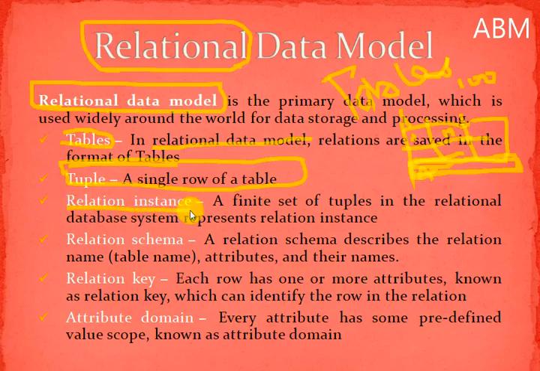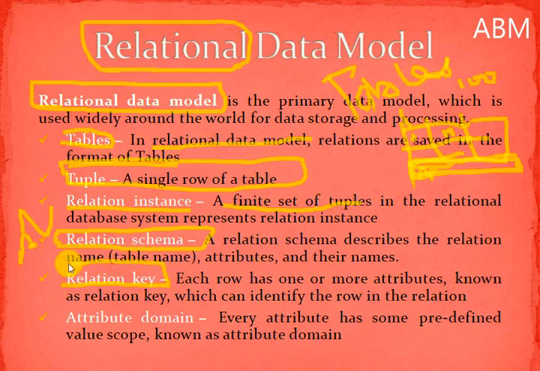Relational instance defines the set of tuples which exist in any particular relation, in any particular table. Relational schema means that we are discussing the name of the table and also the attributes of the table.